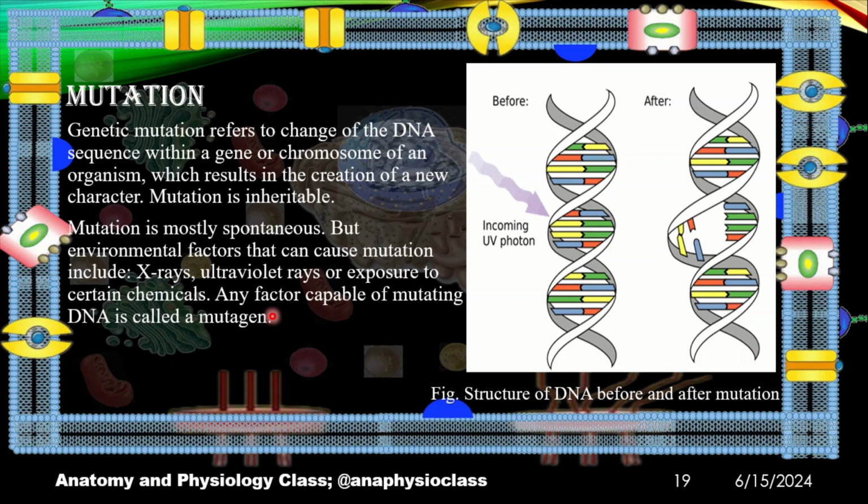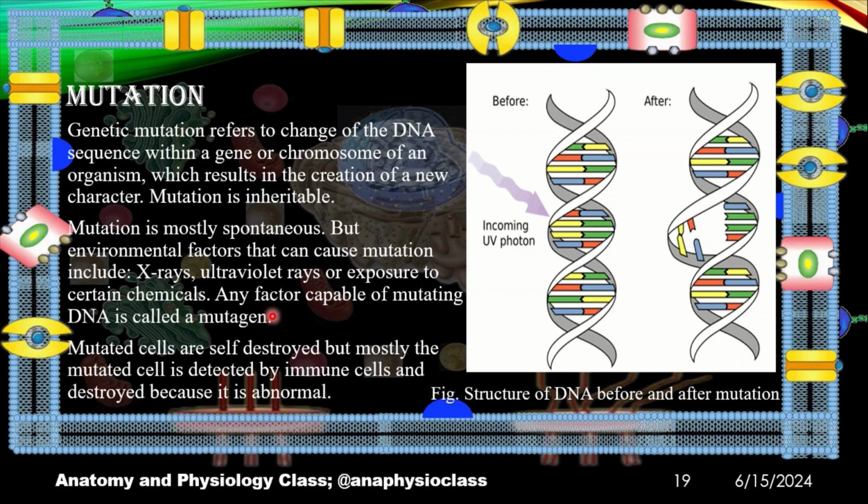Some harmful drugs can also lead to genetic mutation, or some drugs that are normal in mothers but abnormal to the embryo. Some drugs can produce genetic mutations, thereby producing abnormalities in an embryo. Any factor that is responsible for producing a mutation is known as a mutagen.